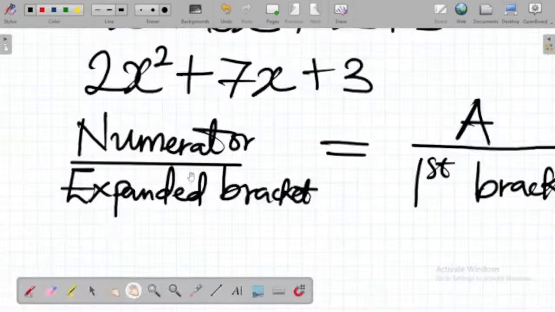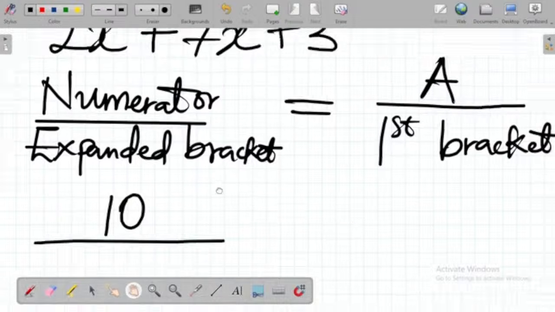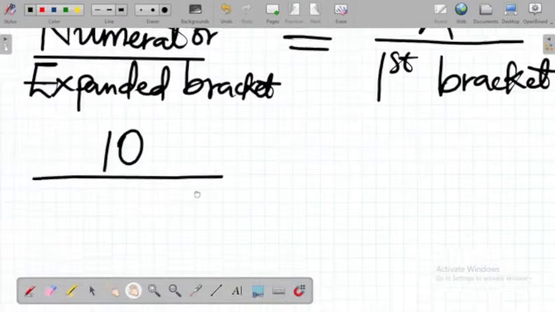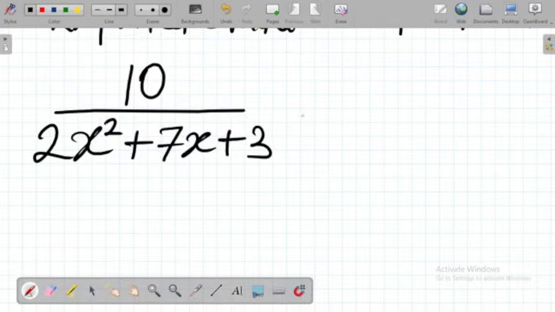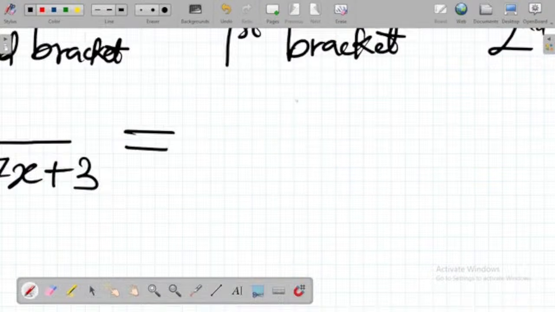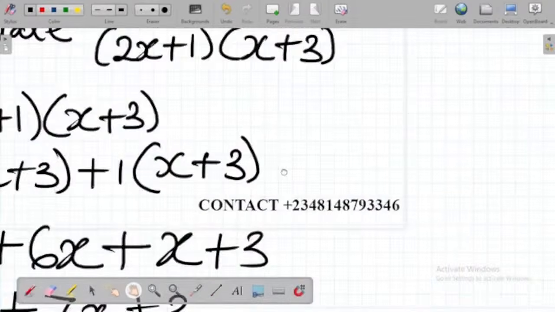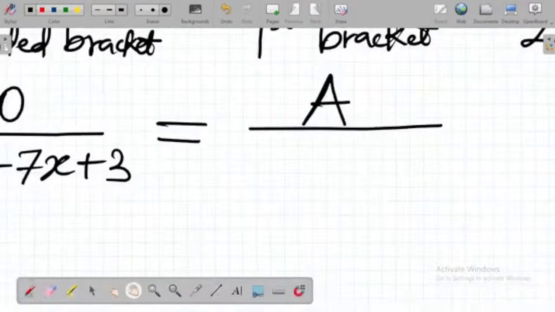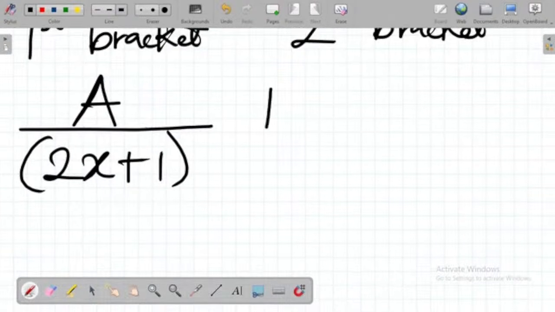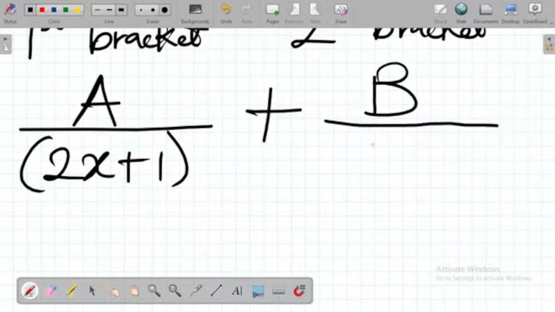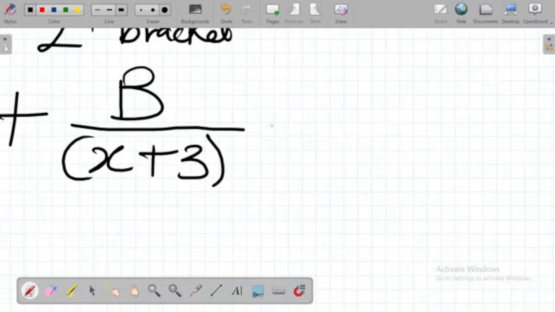So we have 10 all over the expanded bracket, which is 2x squared plus 7x plus 3, is equal to A all over the first bracket, which is 2x plus 1, and then plus B all over the second bracket, which is x plus 3. So now let's call this equation 1.